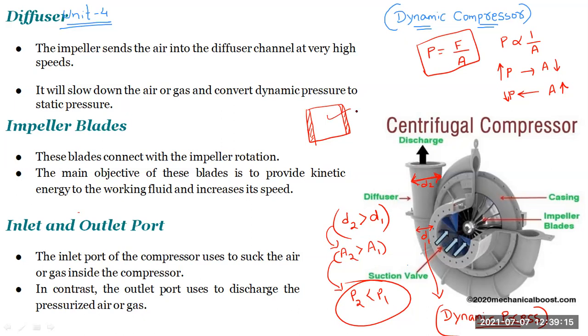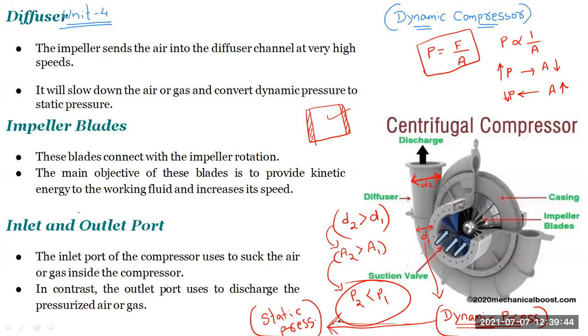So that's why we are slightly increasing the area. So what will happen? We can convert this dynamic pressurized air into static pressurized air, because if you increase the area in this diffuser, this pressure will gradually decrease. If the pressure decreases, the dynamic pressure converts to static pressure.